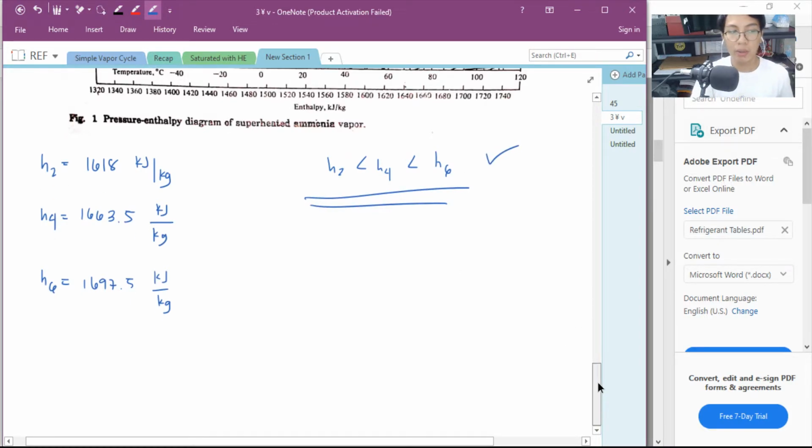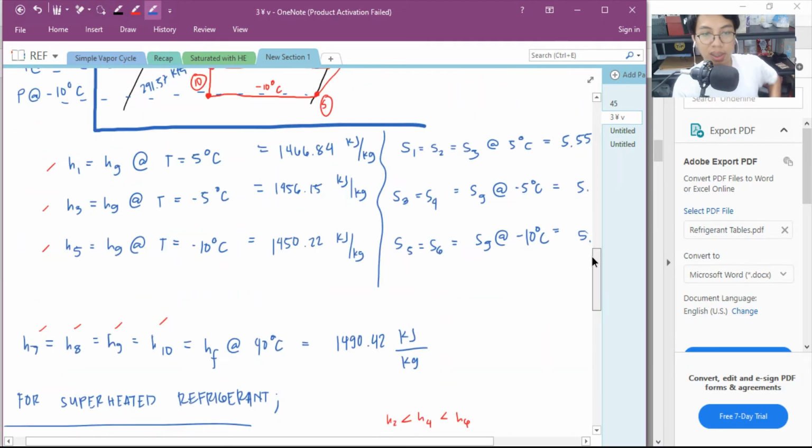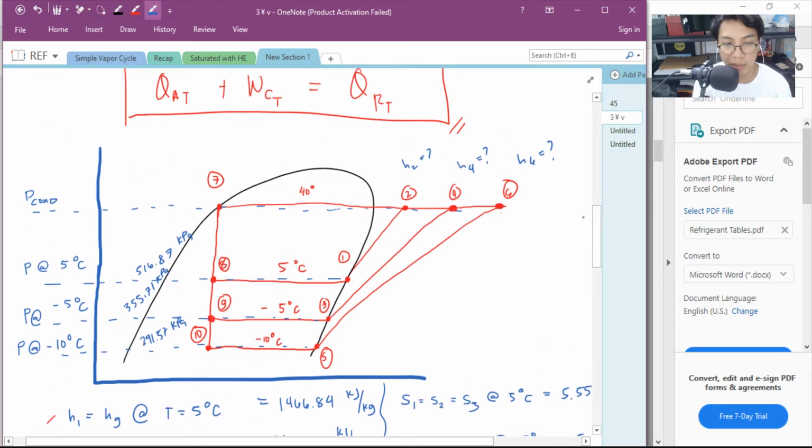Now, we all have our enthalpies. Paano natin malalaman dyan? Sa graph natin, tandaan mo that from here up to here, this is REC. This is yung RE at B. This is REA.